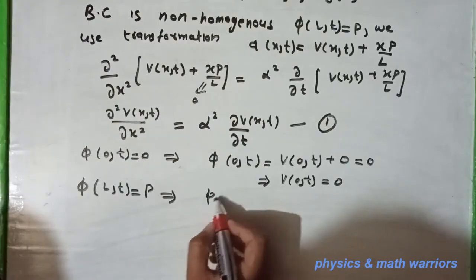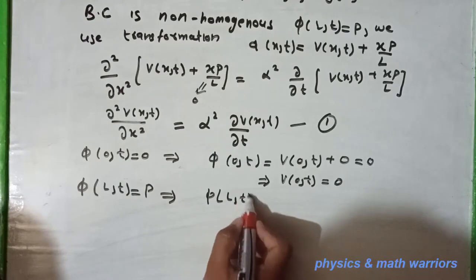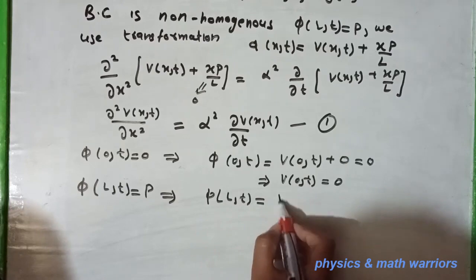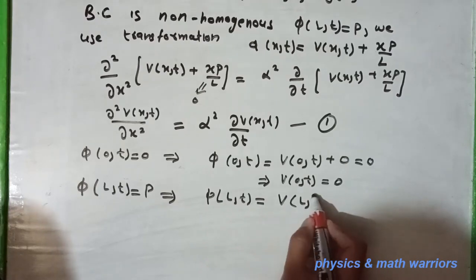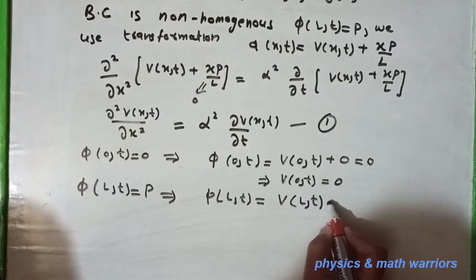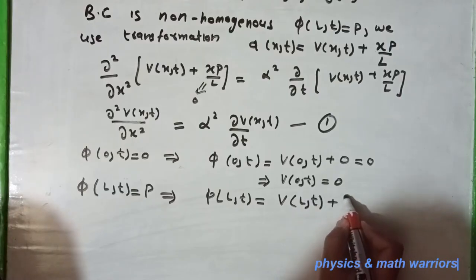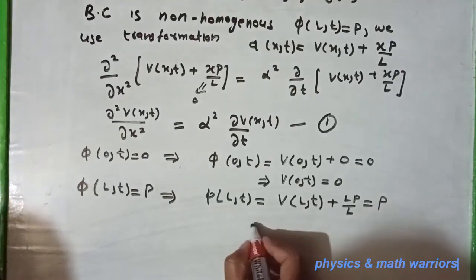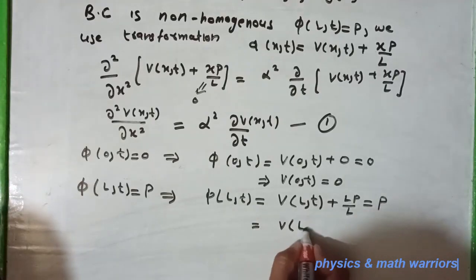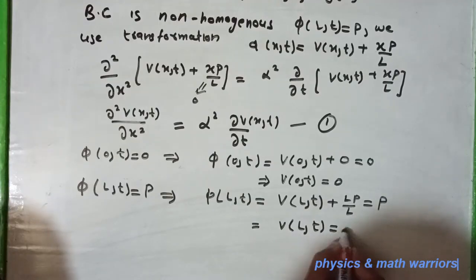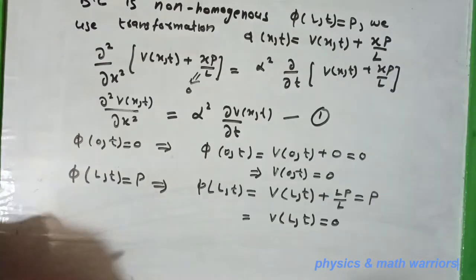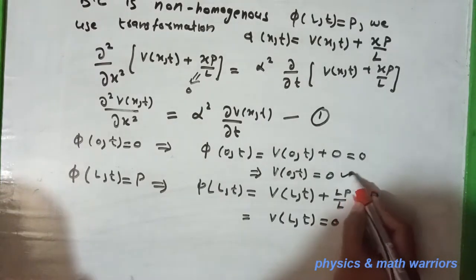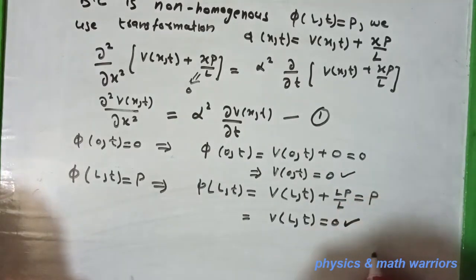So φ(L,t) = v(L,t) + Lp/L = p. So this becomes v(L,t) = 0. So these two boundary conditions become homogeneous.